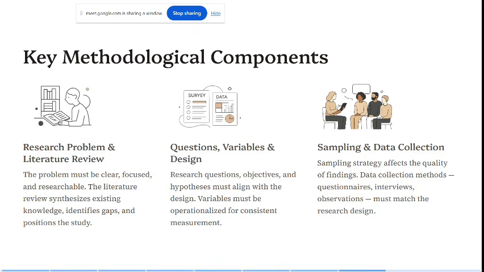Okay, so let's move to the sampling and data collection section. Each study should have this point, and they need to consider sampling method and sampling strategy, because this affects the quality of findings. And also data collection is necessary, and it should be feasible.